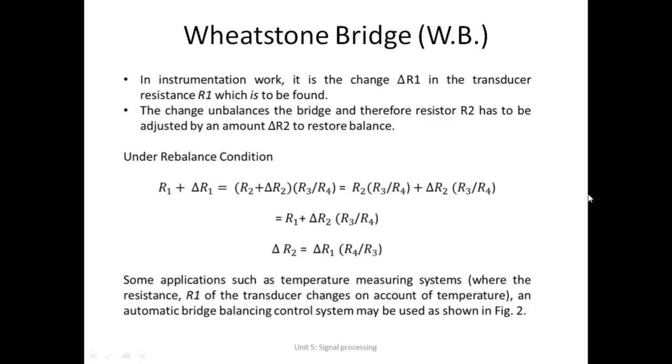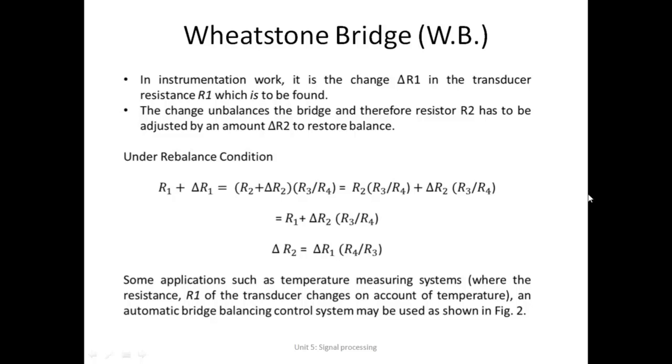In null type, we purposely introduce another change in the resistance to balance the condition. To balance the bridge again, I have to introduce a corresponding change in R2, so that the deflection comes to null. So I introduce a change R2 plus delta R2 in the resistance arm R2.